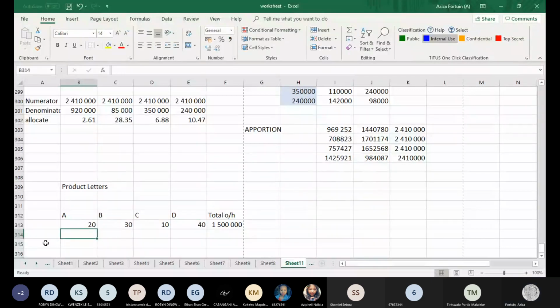Give me the amounts: calculate A, B, C, and D.